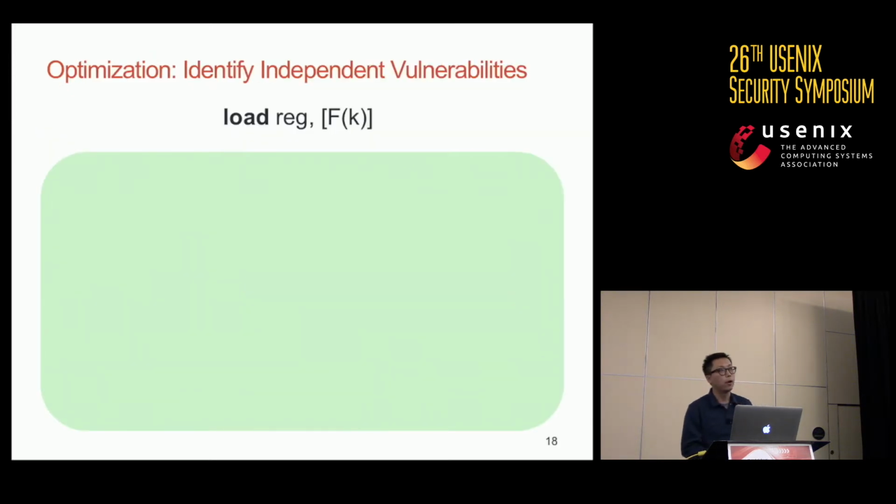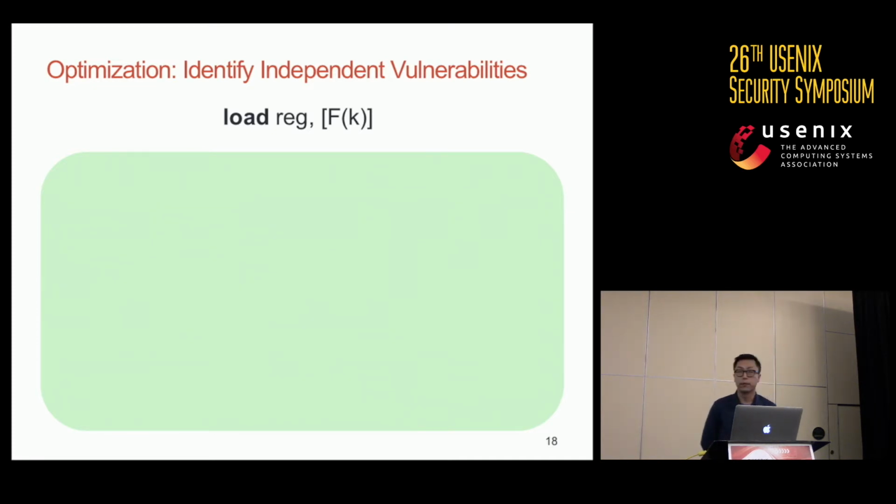So we have a number of optimizations in this research to help us speed up the analysis and also provide some finer-grained information regarding the identified vulnerability. Here I will shed some light on one of them, where we try to identify the so-called independent vulnerable program points.